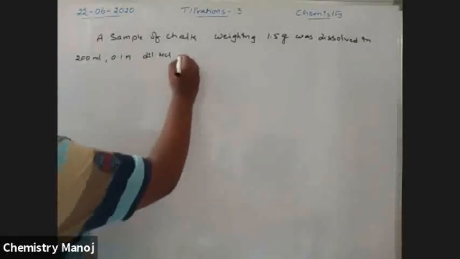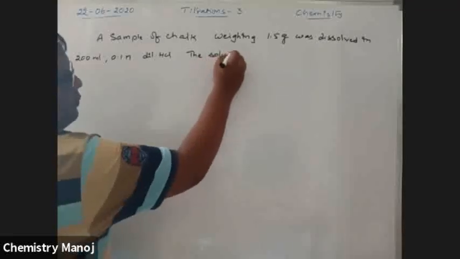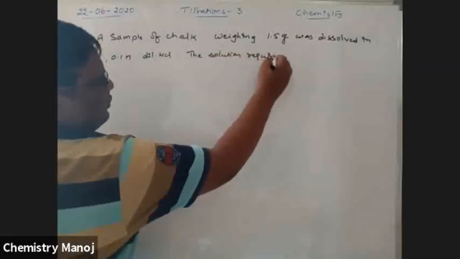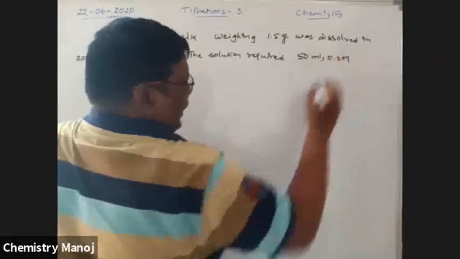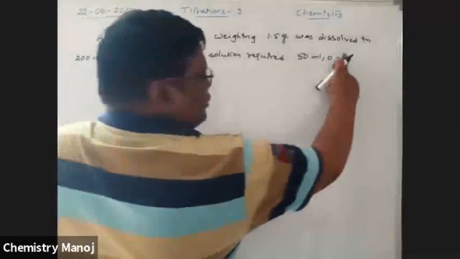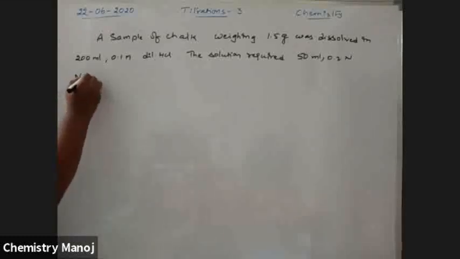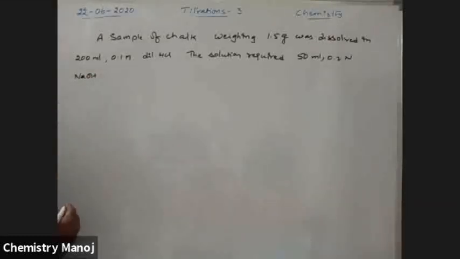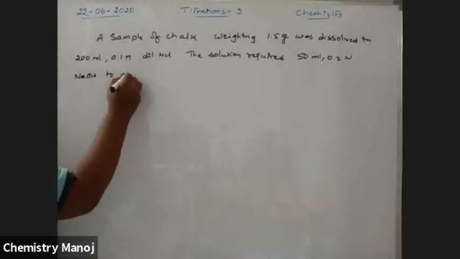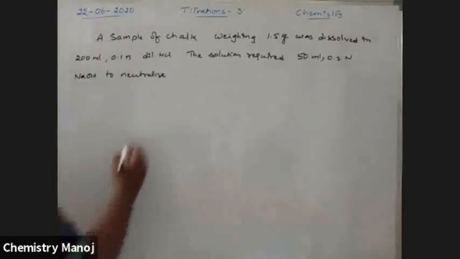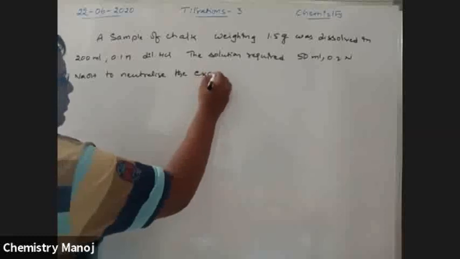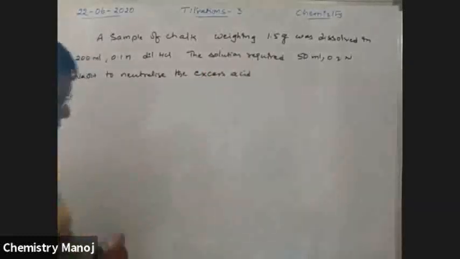The solution required 50 ml of 0.2 N NaOH solution to neutralize the excess acid.